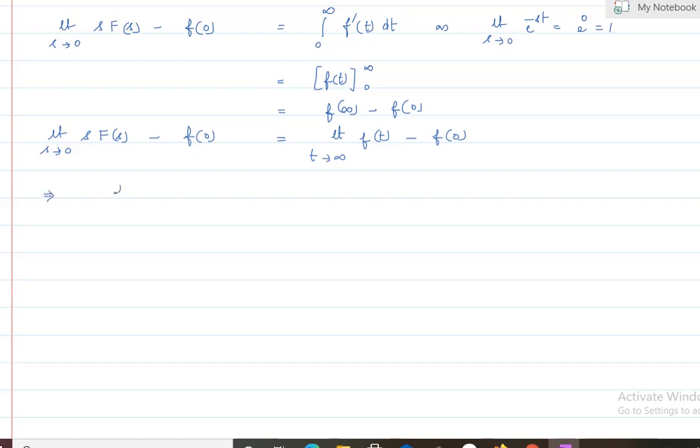Then remaining what we will get is limit s tends to 0 s into F of s is equal to limit t tends to infinity f of t. This can also be written by interchanging the terms, limit t tends to infinity f of t equal to limit s tends to 0 s into F of s. So this is the proof for final value theorem.